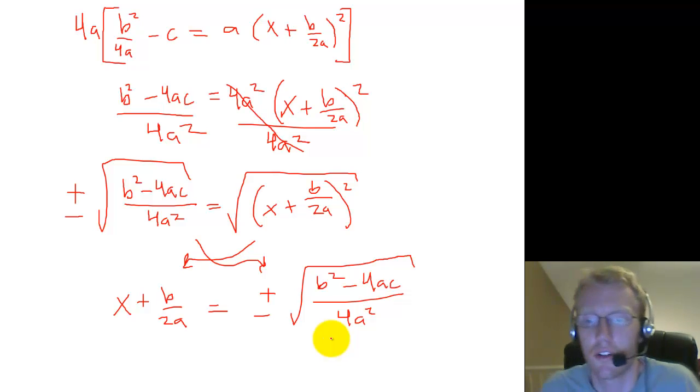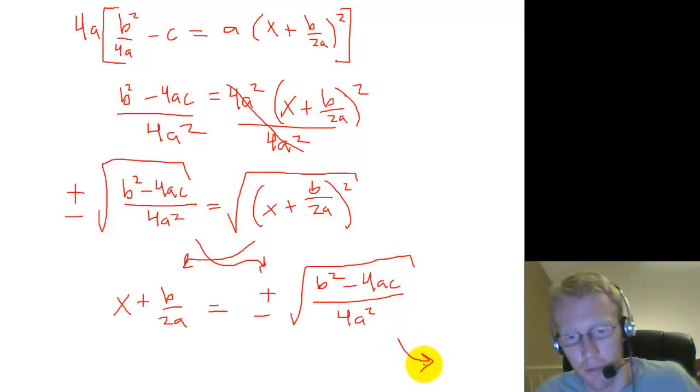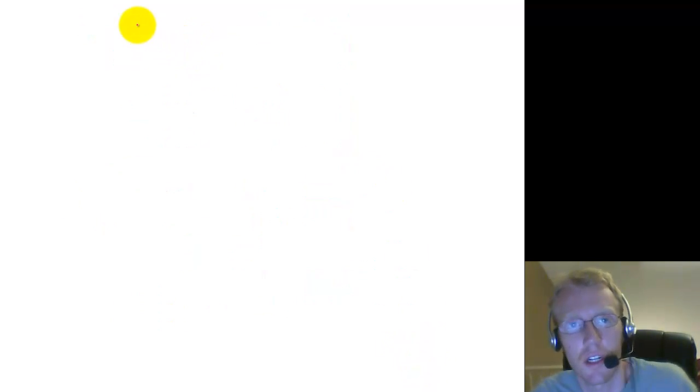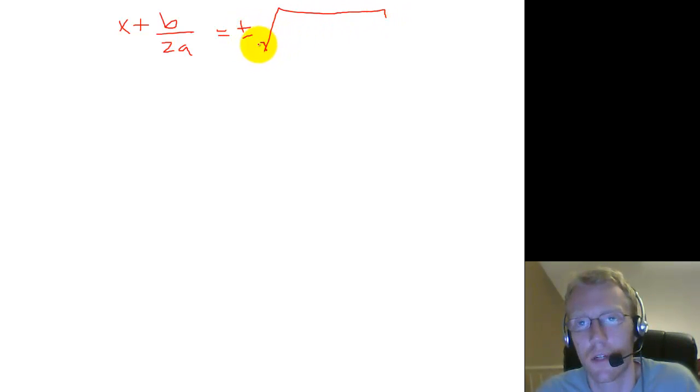I know this is looking a little crazy probably, but I promise the formula we get at the end is well worth it. So we're going to move on to the next slide, and I'll recopy this down. We started here with x plus b over 2a equals plus or minus square root of b squared minus 4ac, all divided by the 4a squared.